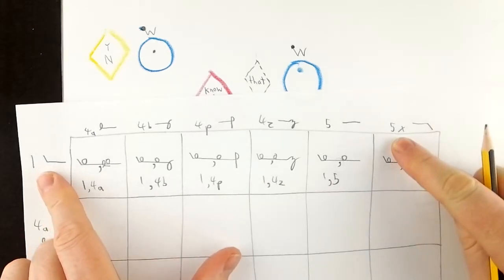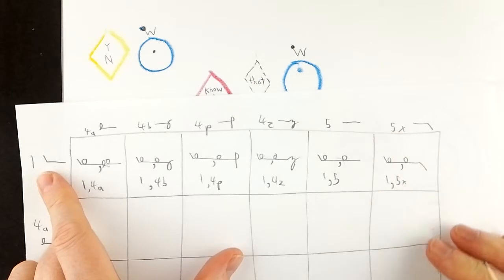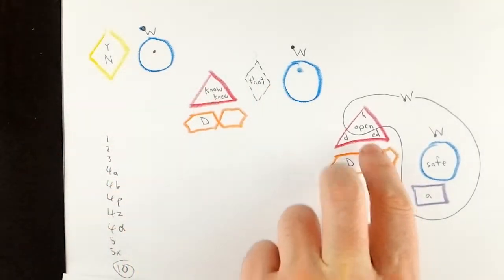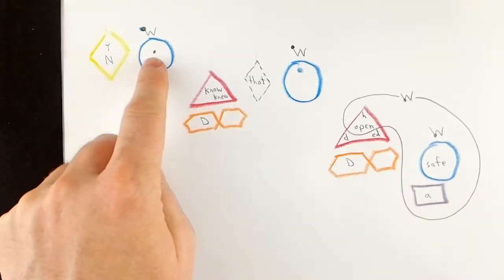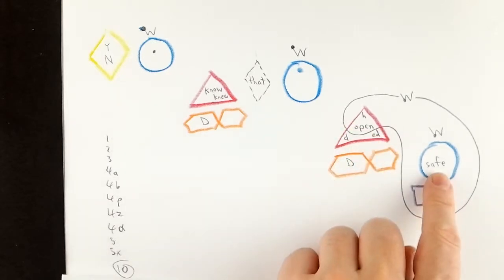This is 1, 5x. Number 1, 5x. Did they know he didn't open a safe?